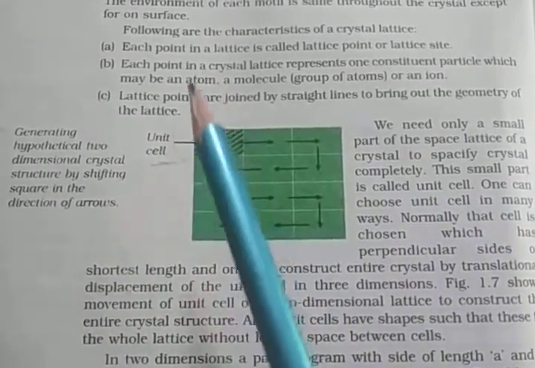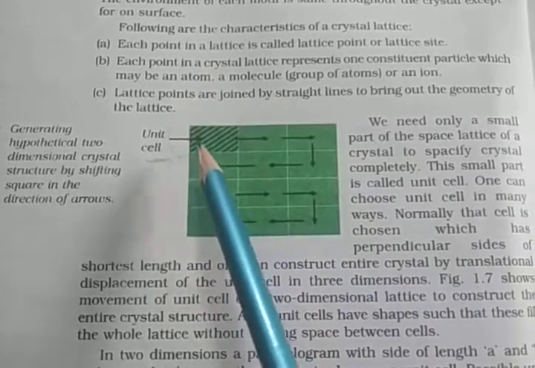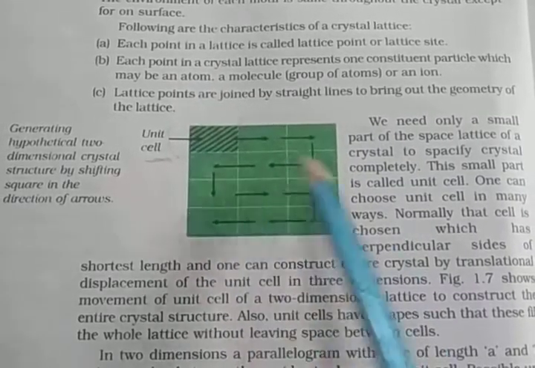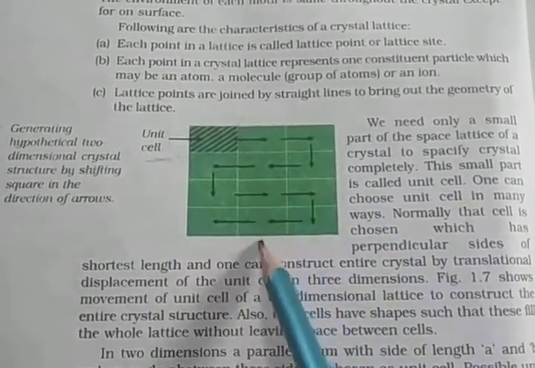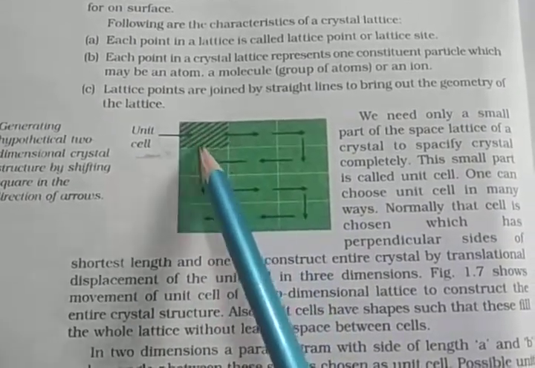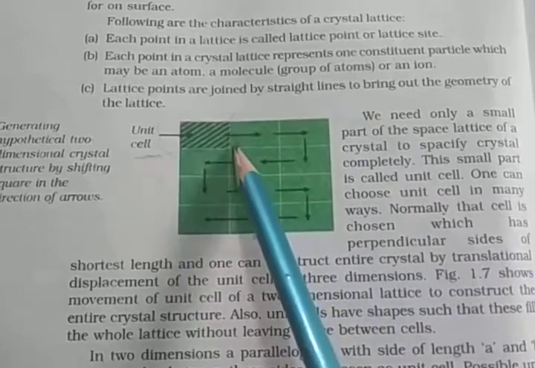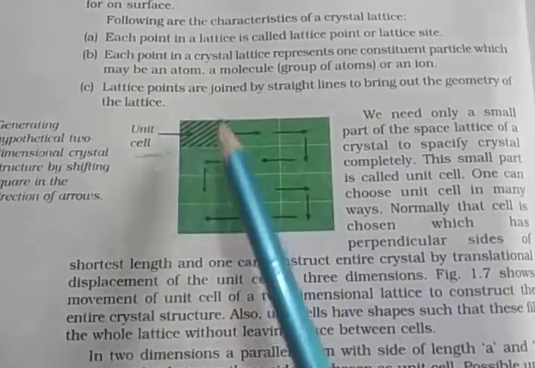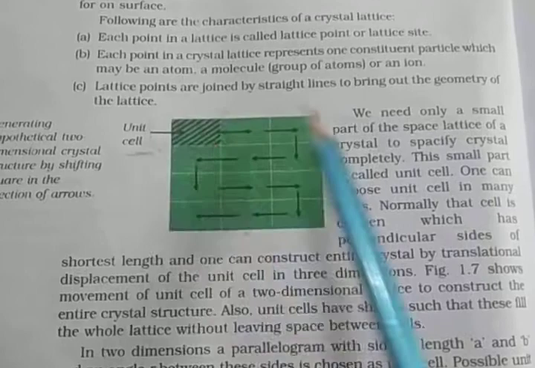Again I say, only a small part of the space lattice is required to specify the crystal completely. This small part is called the unit cell. One can choose a unit cell in many ways.